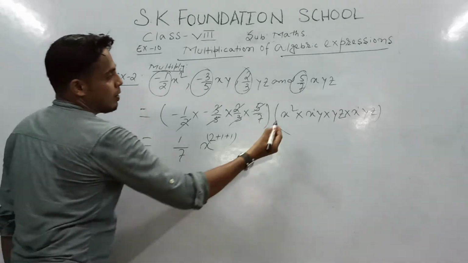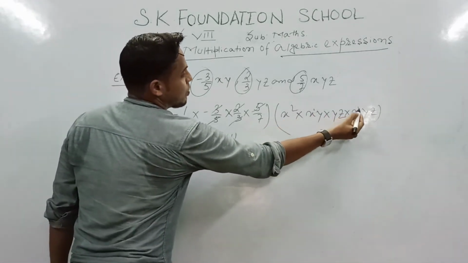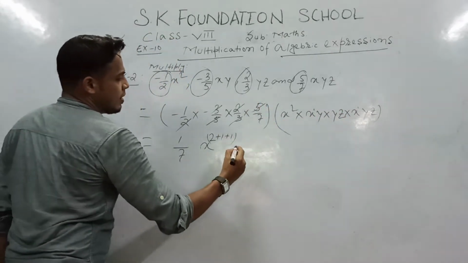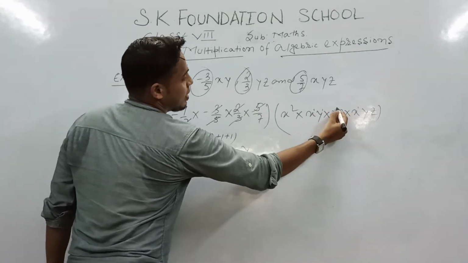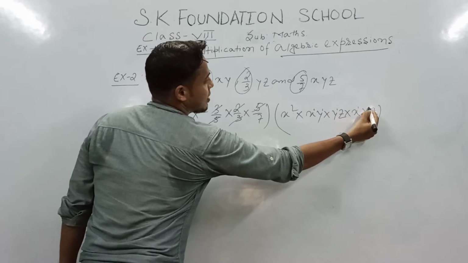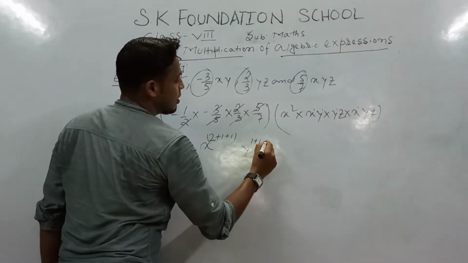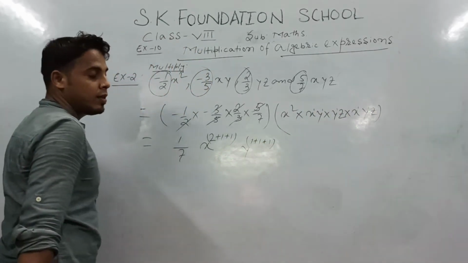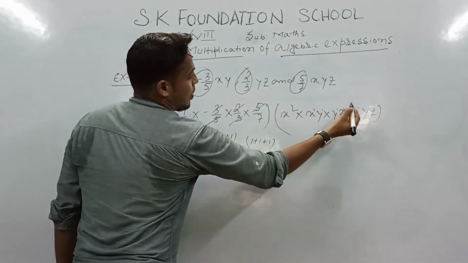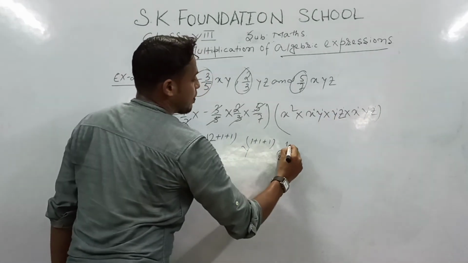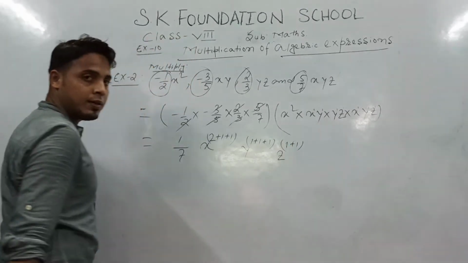Okay, the powers 2, 1 and this 1 are added. In the same way for y, here power nothing means 1, here also nothing means 1, here also nothing means 1. So 1 plus 1 plus 1, and next z, powers 1 and 1. So 1 plus 1. Clear?